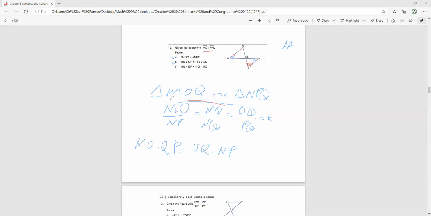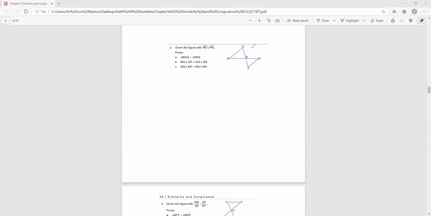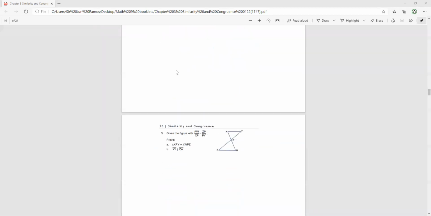So the third letter would prove letter C: MO times NQ equals MQ times NP. So we also proved letter C. We only used the AA corollary, and as a consequence, we can already have letter B and letter C.